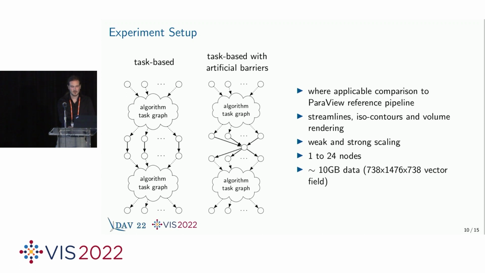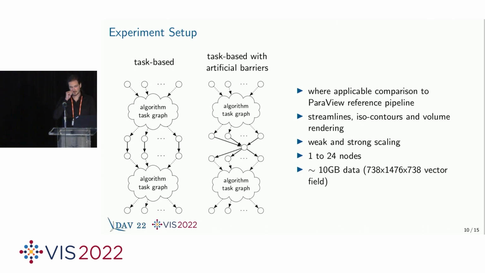The third setup that we investigated is a task-based approach with artificial barriers. So here we reintroduce barriers between modules inside the task graph as nodes with dependencies between those modules in order for us to have the same implementation but different approaches.